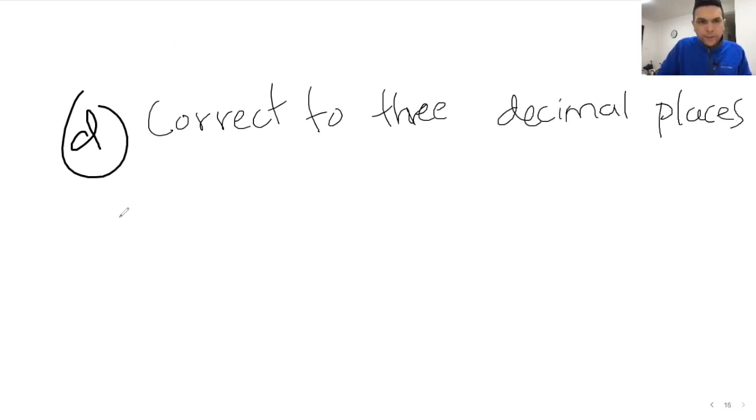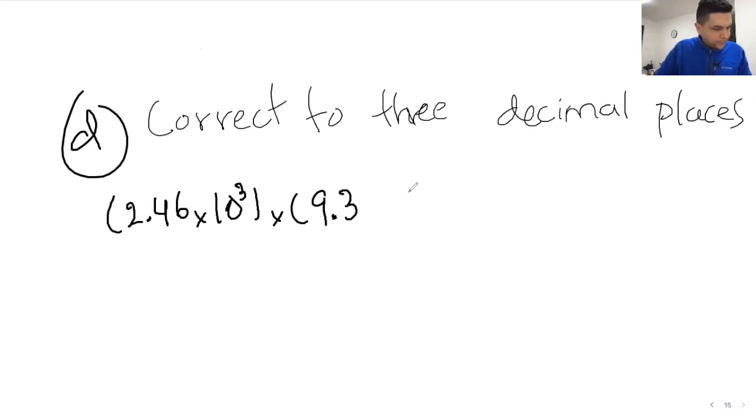And the number is 2.46 times 10 to the third power times 9.3 times 10 to the negative 5th. So correct to 3 decimal places.